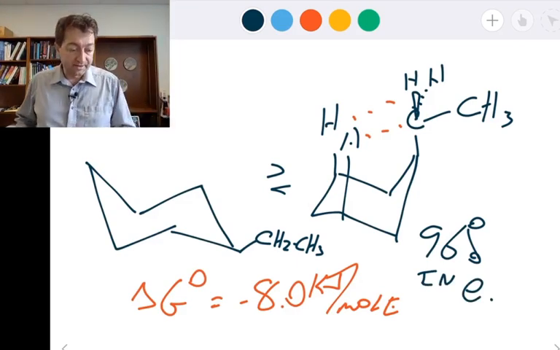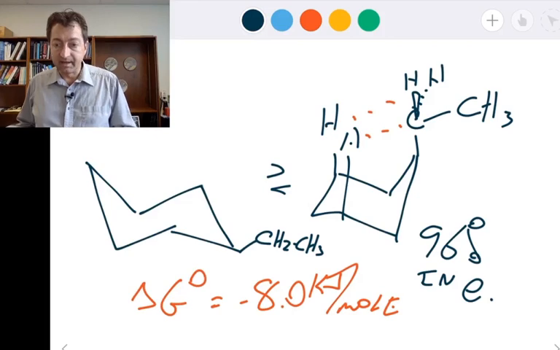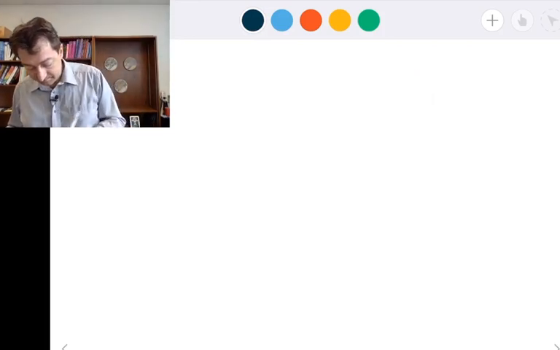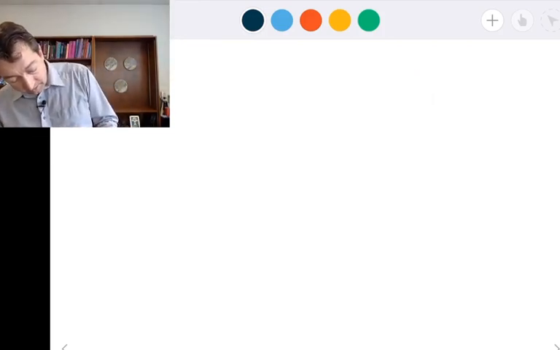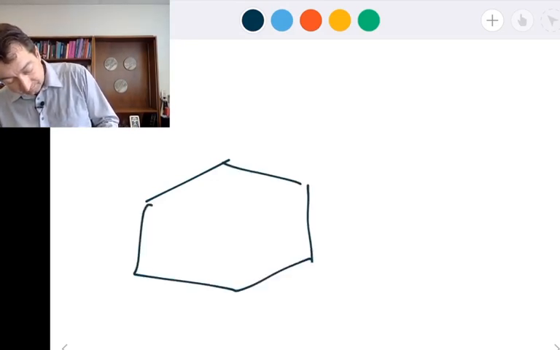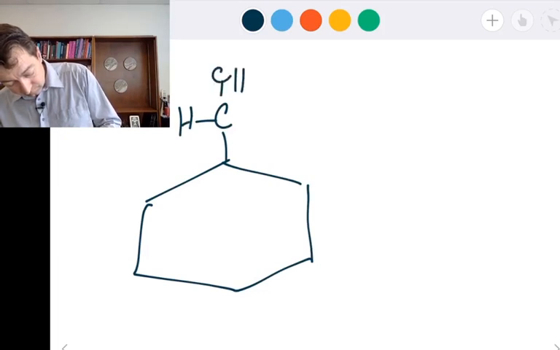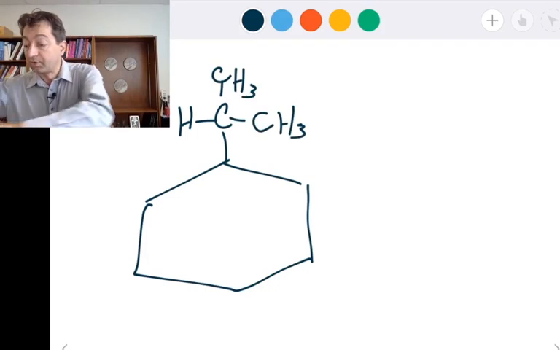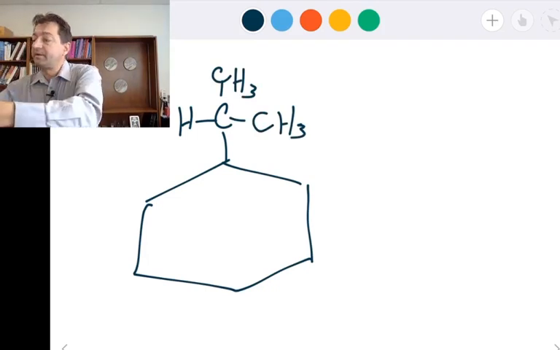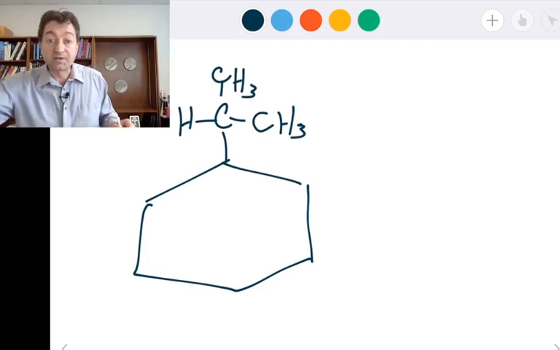Okay, so then what happens if we go up one size slightly bigger? Well, let's take a look at that. We'll do another slightly bigger size here. This is a cyclohexane with an isopropyl group on it. So now it's a little bit bigger.